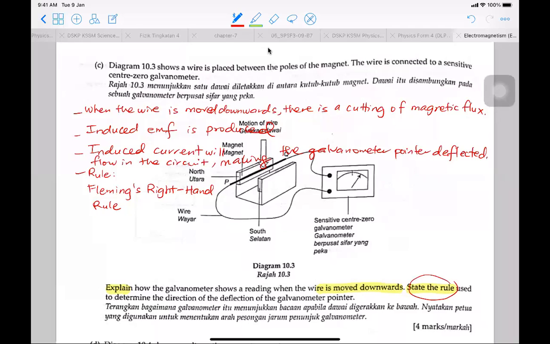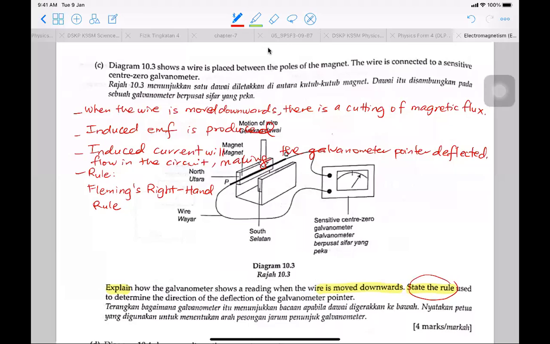Okay. Simple. Make sure you answer in point forms, but your sentences must be full. It is easier for me to mark your answers when you answer in point forms. The answer is direct. Okay, so this should be the answer. Easy to get 4 marks.